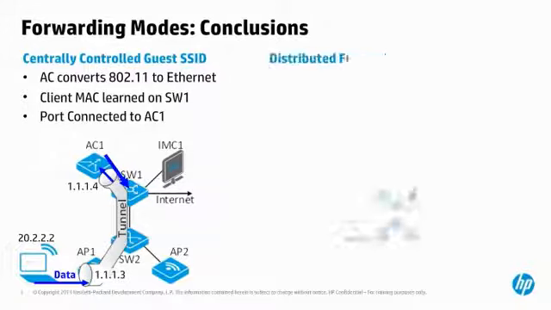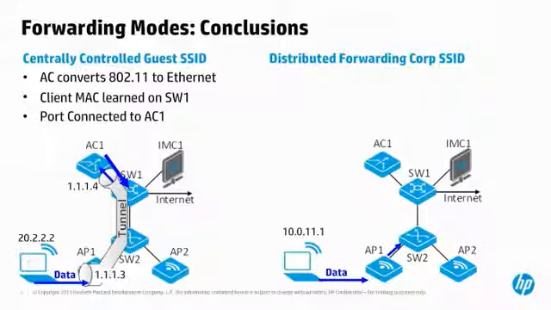From the wired switch's network perspective, this client can be reached via this port. Meanwhile, an employee connects to the corp SSID on the same AP. The corp SSID has been configured for distributed forwarding and has been mapped to VLAN 11. The client gets an IP address of 10.0.11.1.